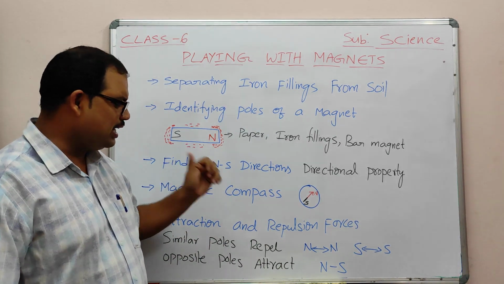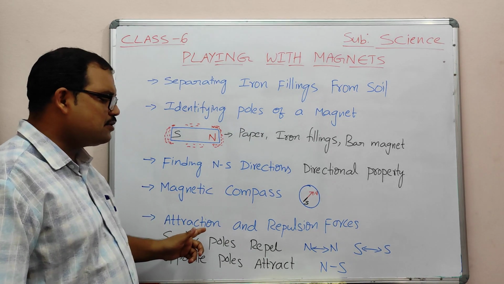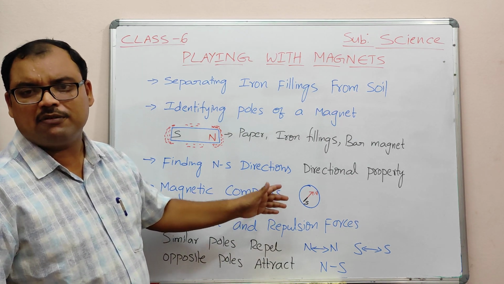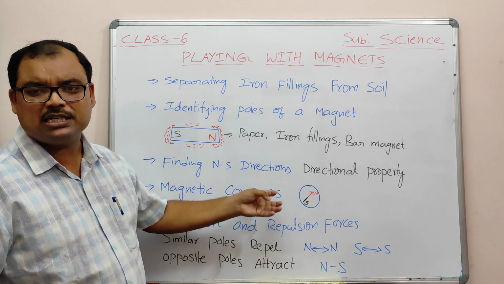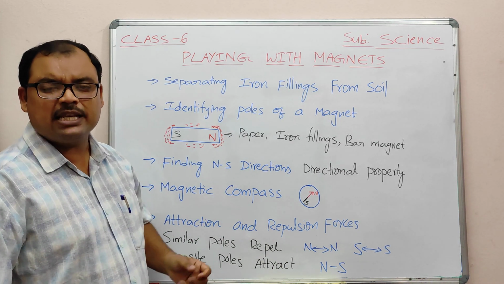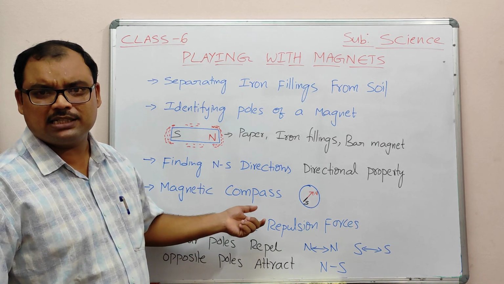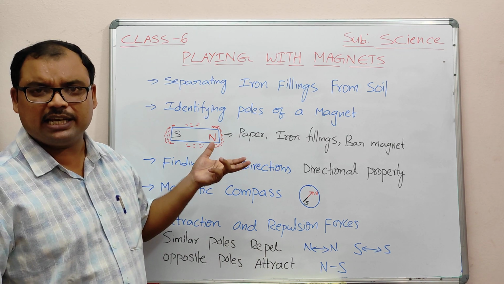Now, look here. Now we are coming to another very interesting property of a magnet, that is attraction and repulsion forces. We just came to a conclusion that a magnet has two poles. What are they?